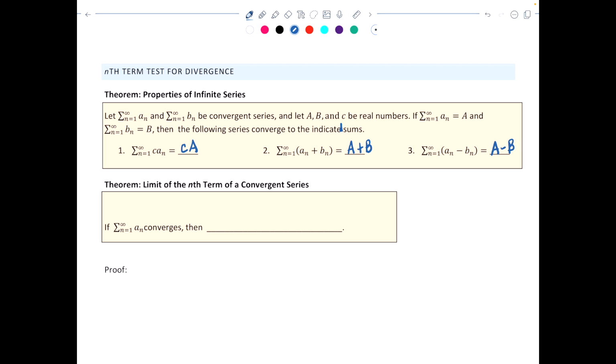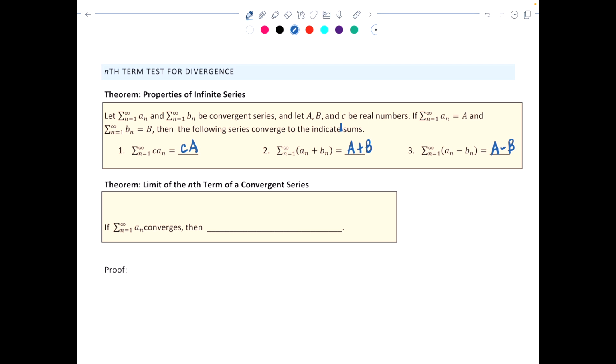Now, the limit of the nth term of a convergent series. If you think about it, at some point, your sequence inside the series would have to be going to 0, wouldn't it? For it to not be adding on anymore to the sum, all right? And that's what this says.